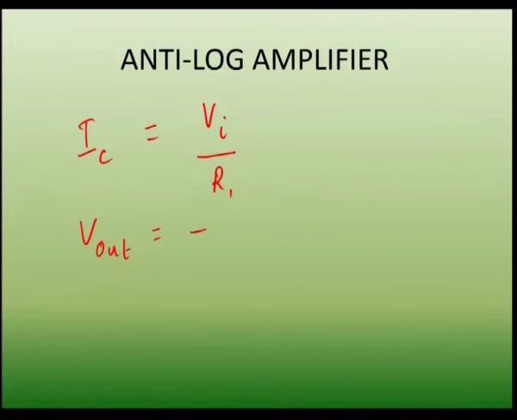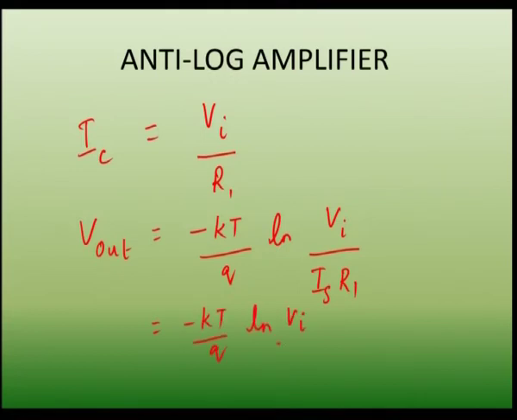So, V out is equal to minus kT by q natural logarithm of, instead of IC, if you put Vi by R1, you will get Vi by Is R1. If this Is R1 is taken as V reference, the final equation will be V out is equal to minus kT by q natural logarithm of Vi by V reference.